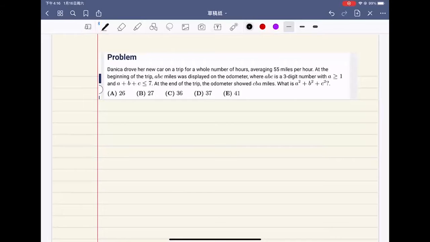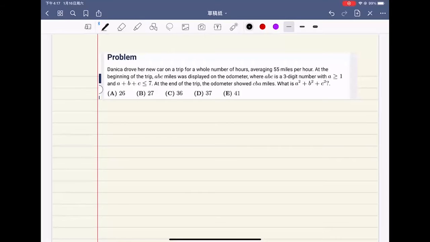So does anyone have any thought how to do it? Like how do you start? What do you get? What's the one closest to the answer, or do you get a difference, like a minus c or something like that? Do you get something about the relationship between a, b and c?